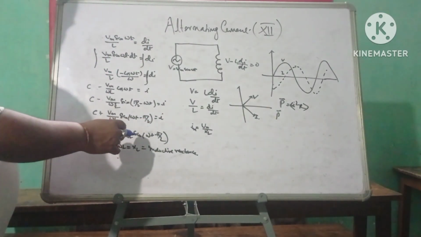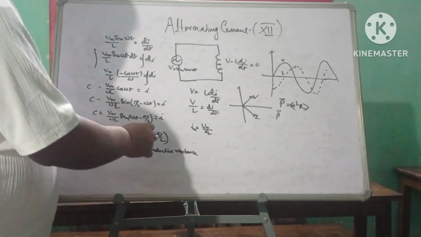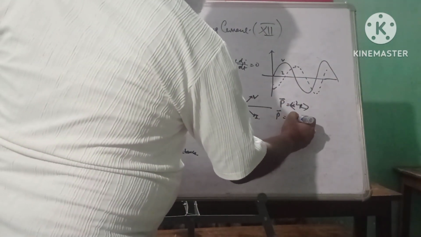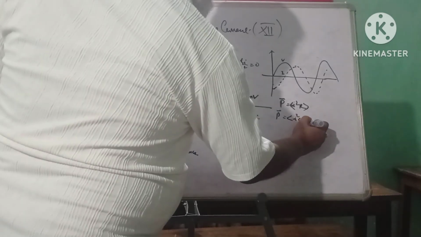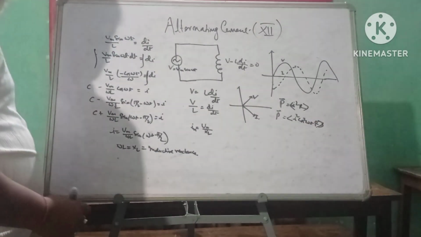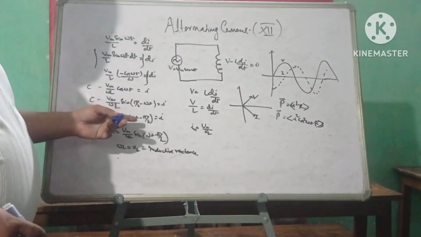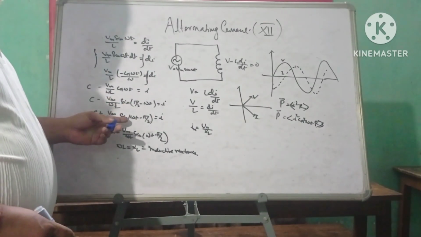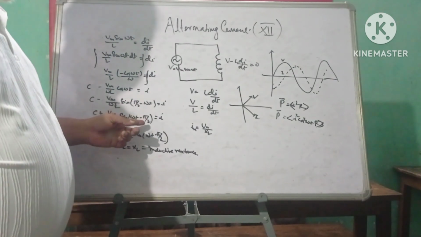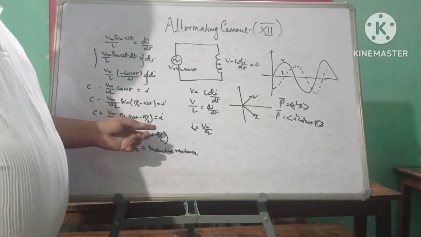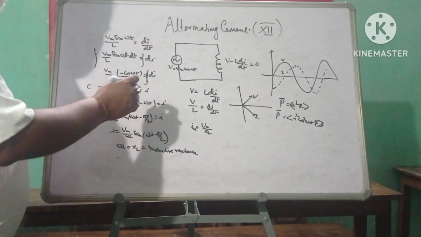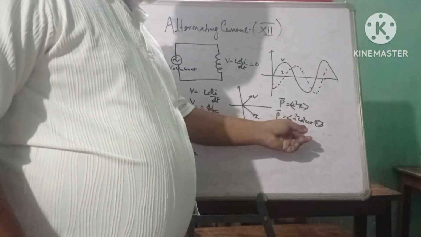Sine of 90 minus theta will be cos theta, so with the minus sign, I square will be Im square cos square omega t, and we take the average of this cos square omega t times R.